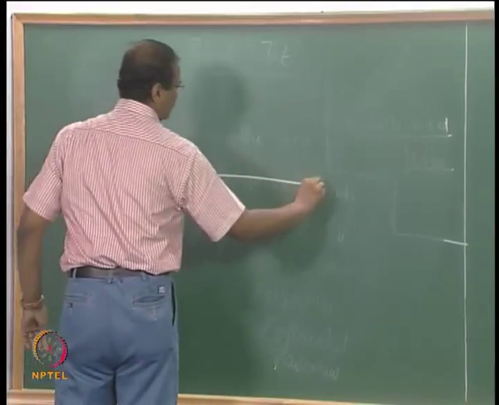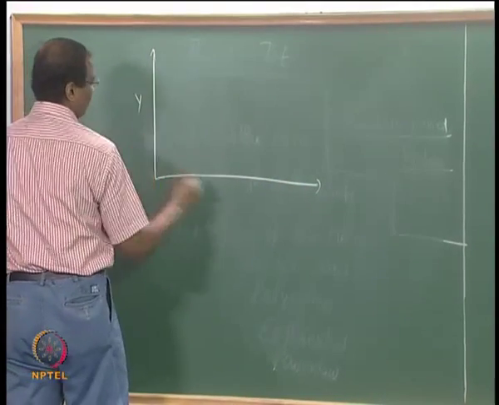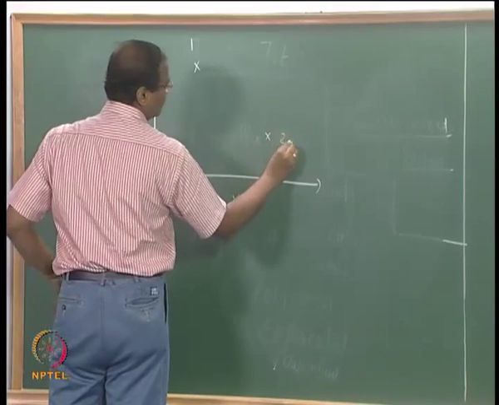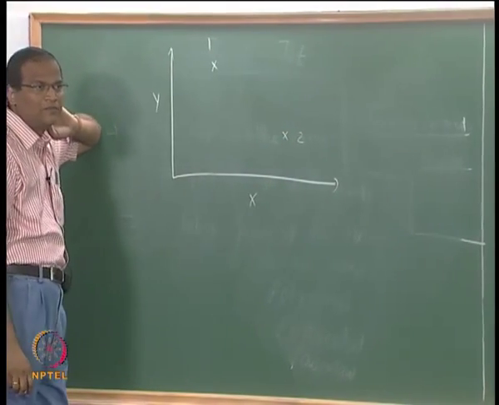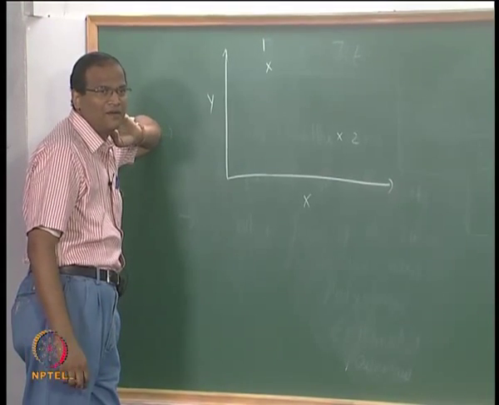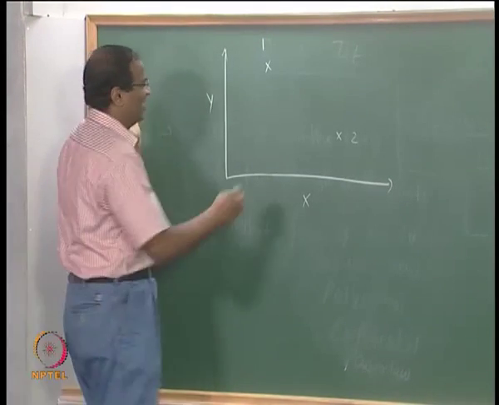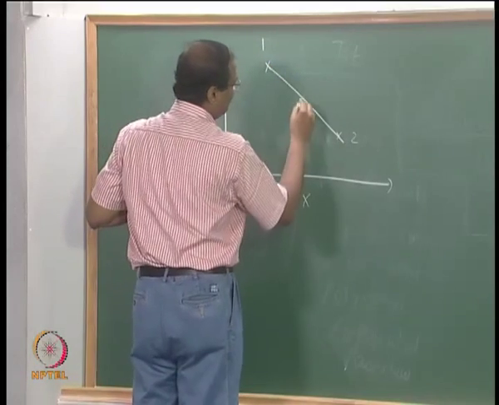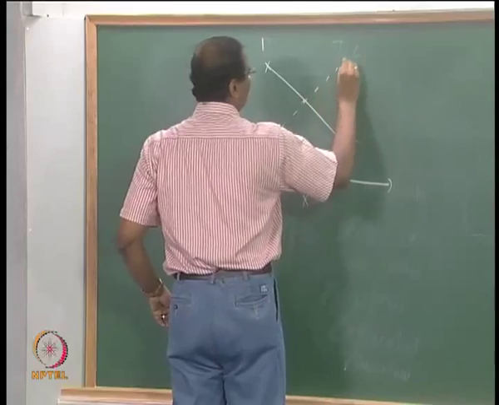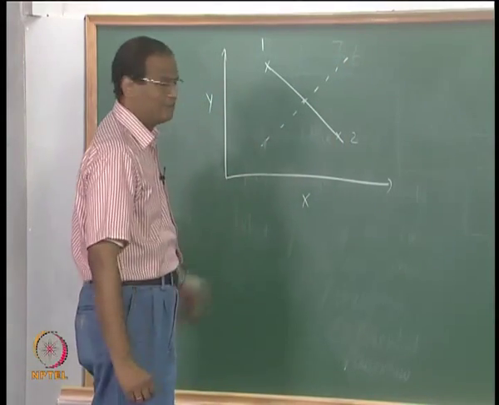Let us take just 2 points for example. I have 2 points 1 and 2. Common sense tells me that I should join them by a straight line. Okay. Suppose I take something here. I propose this line now.